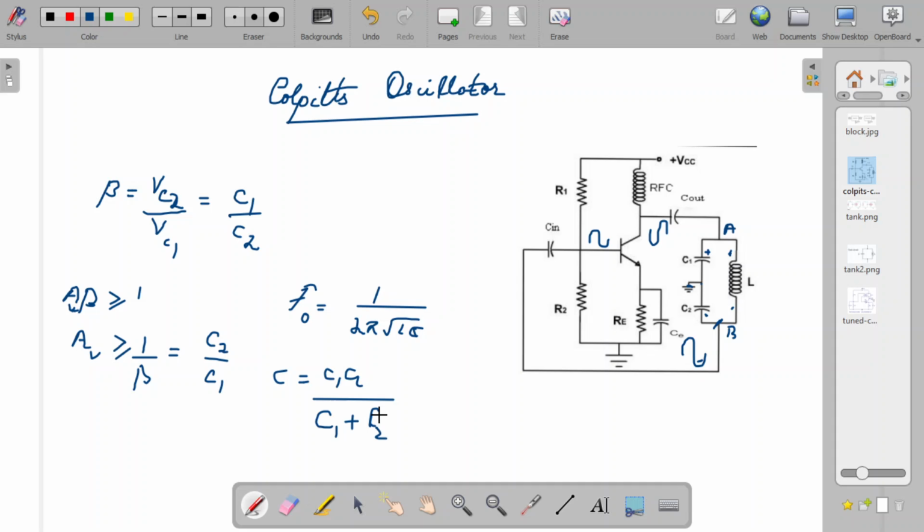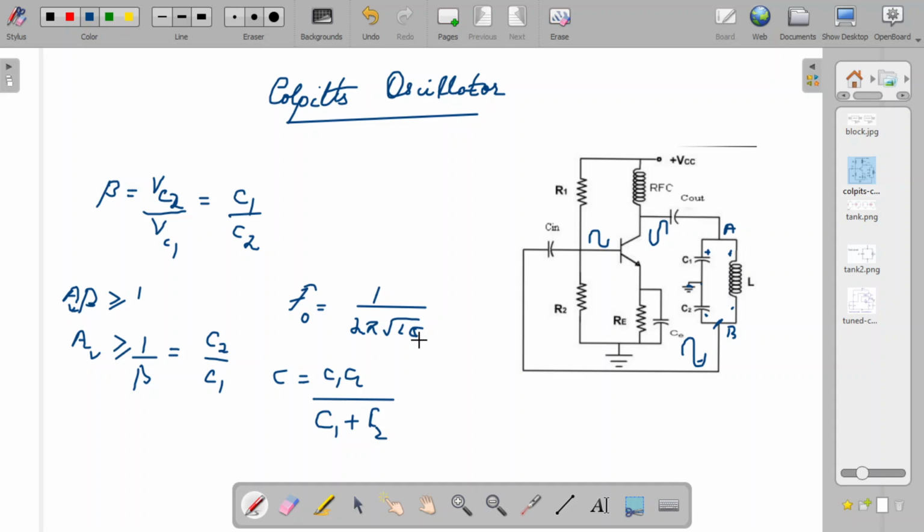So if you design the values of L and C accordingly, you can get the frequency of oscillations according to your desire. This Colpitts oscillator normally works between a frequency range of 1 megahertz to around 500 megahertz.